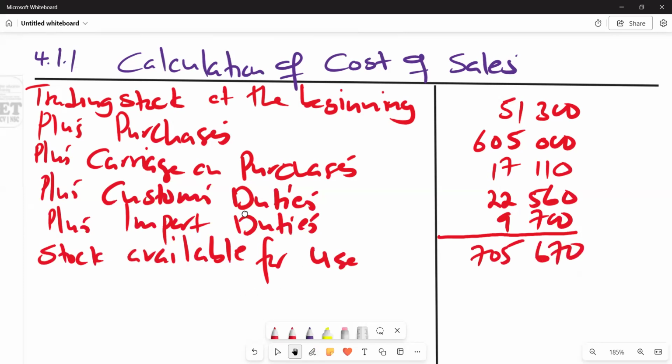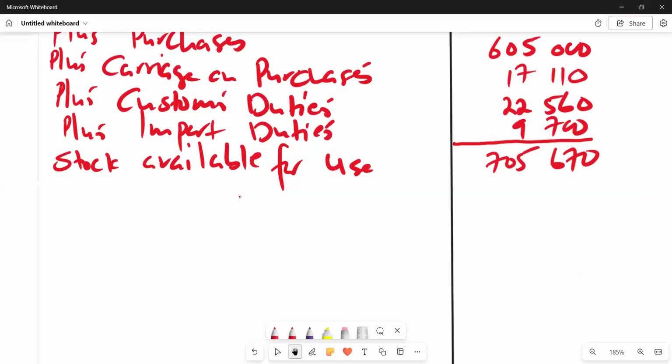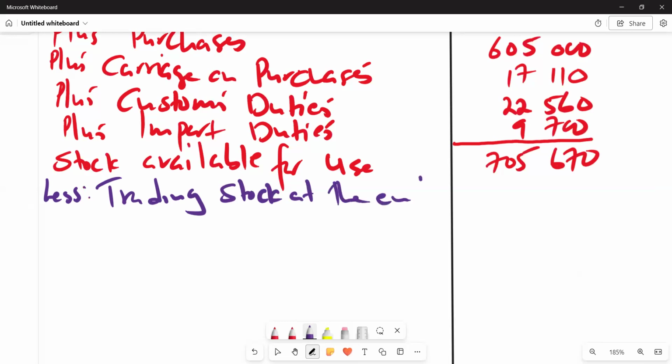So we go down. After that, now that's when we are going to subtract your trading stock at the end. So here, basically, we are saying less trading stock at the end.